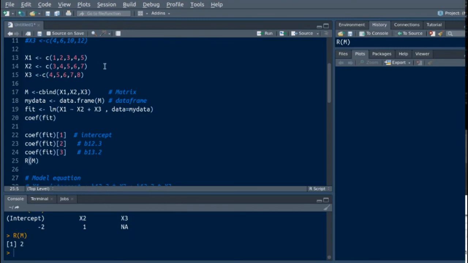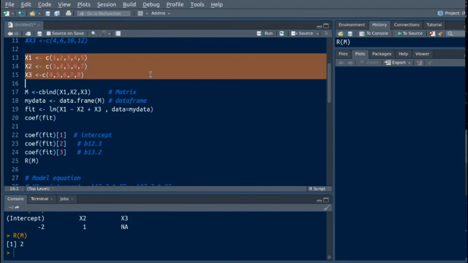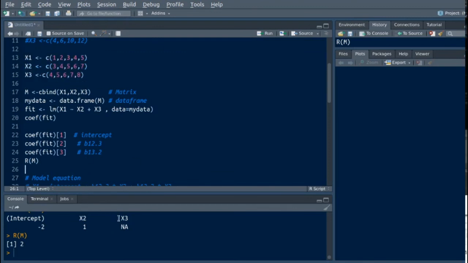So your rank must not be less than the number of variables. Otherwise, you will not be able to find the regression coefficients. So I'm not going to plot the graph further.